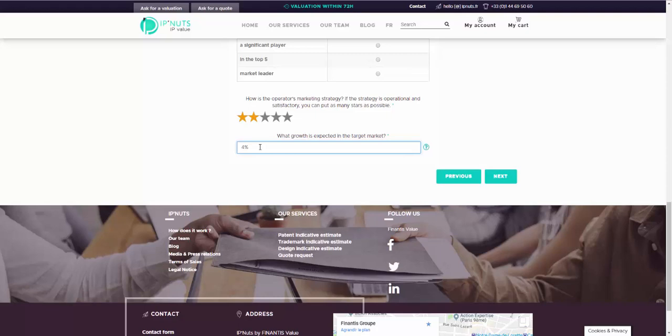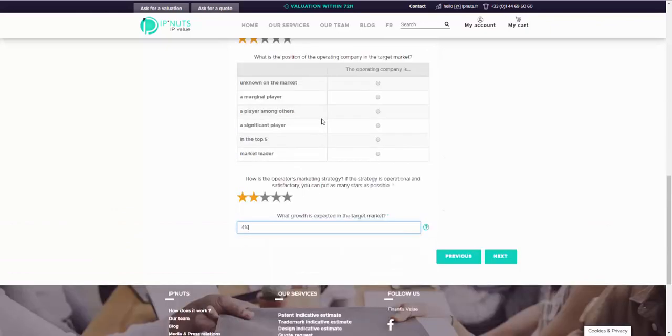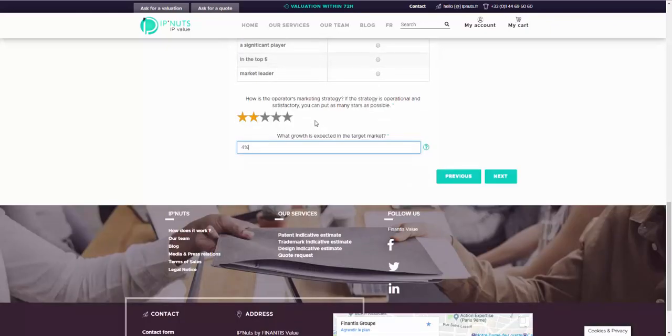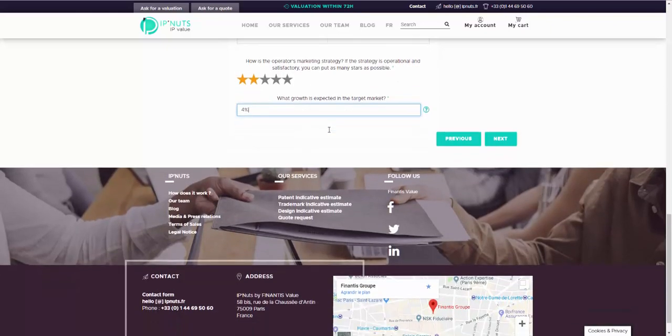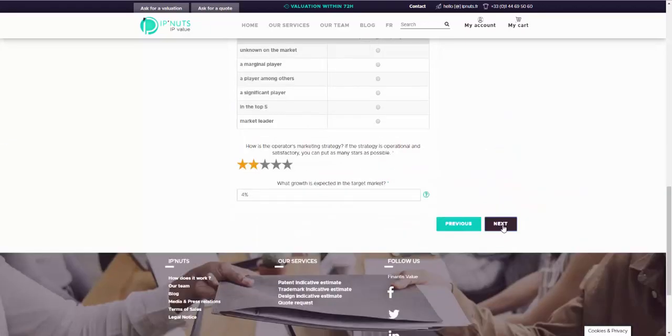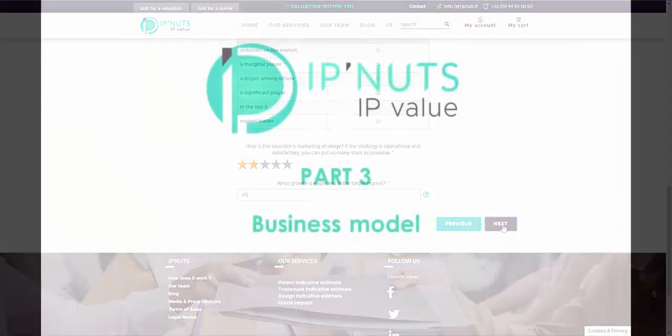Okay, the more documented is this number, the more relevant will be our study. Then you are done with the second part, which is quite short comparing to the first one, and you click on next to finish your questionnaire with the third and final part regarding the financial data.